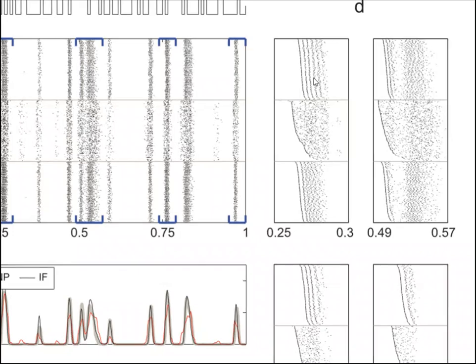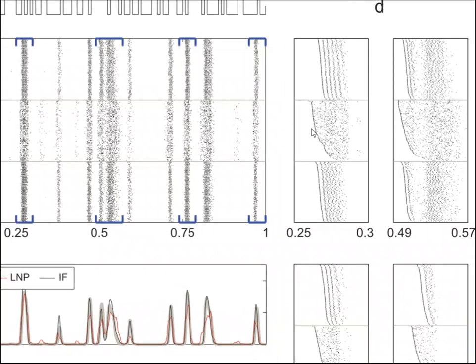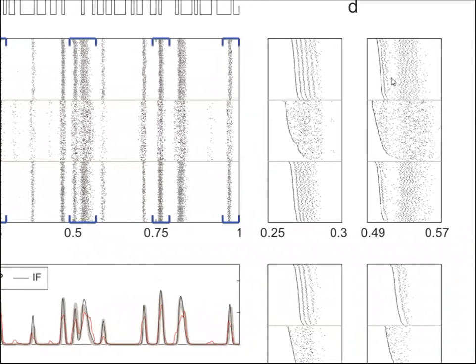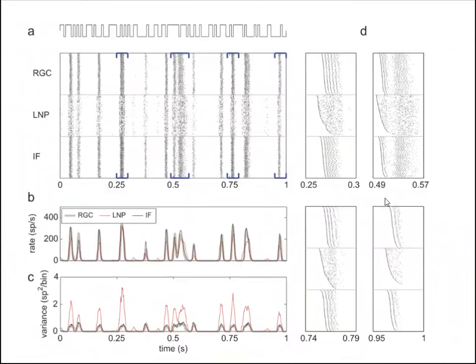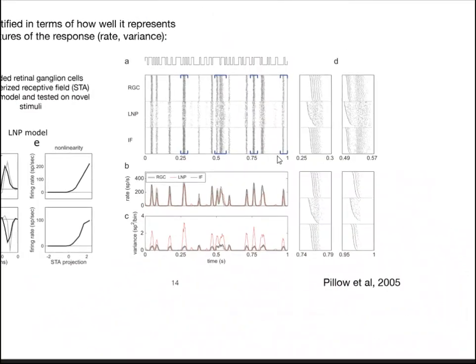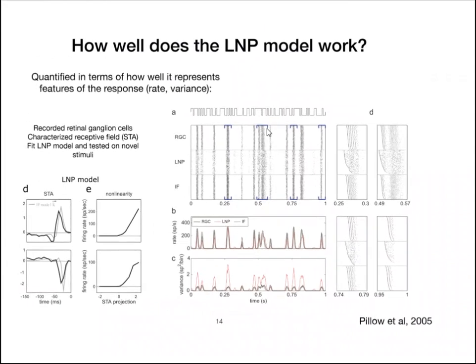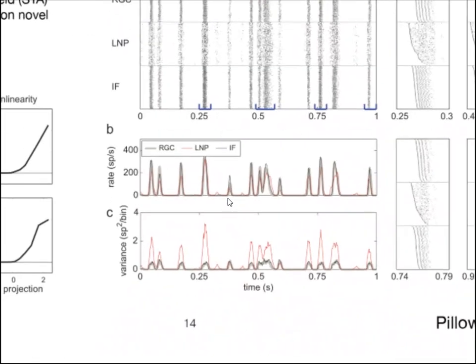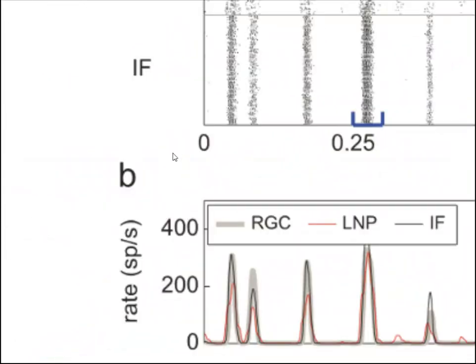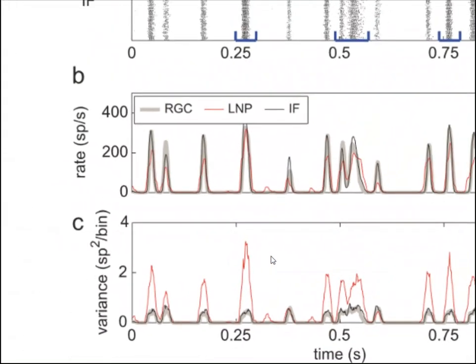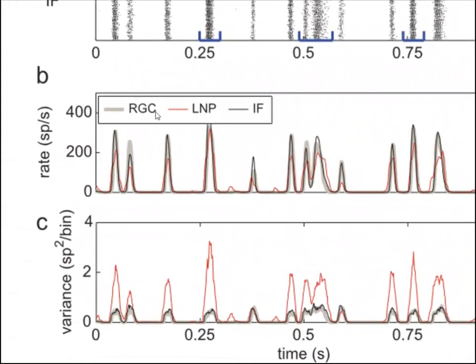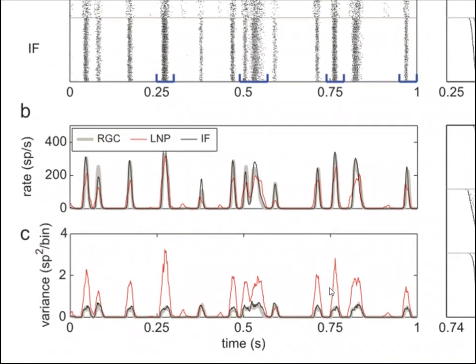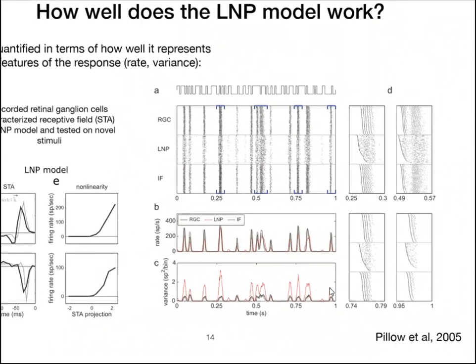There are some wave-like things going on, and integrate-and-fire demonstrated them pretty well, whereas LNP doesn't do so here. But both seem okay. And for rate and variance, the actual data, the ground truth, and the integrate-and-fire seem most similar, whereas LNP is slightly off, but still shows generally the same trend.